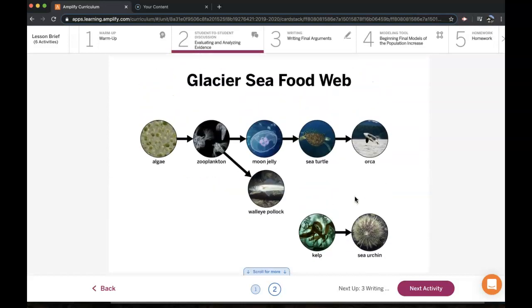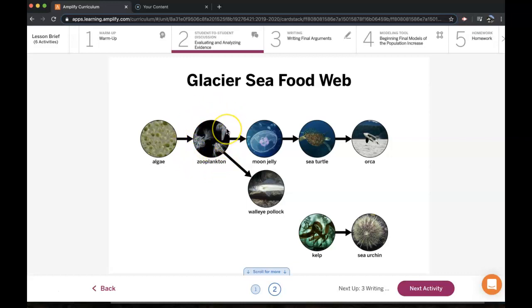So let's look at the food web. Evidence card F is saying that the walleye pollock population decreased. So if the walleye pollock population decreases, that means they need less energy storage molecules, so they're eating less zooplankton. So if they're eating less zooplankton, the zooplankton deaths are decreasing. So there'll be more zooplankton.